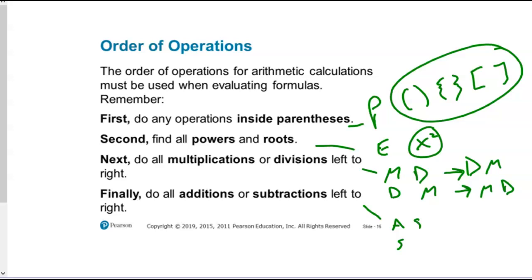Same thing with addition and subtraction. It is whatever comes from the left first. So if you happen to have an addition problem first, then you do that first and then subtraction. Or if you're working from the left and there's a subtraction problem and then an addition problem, then you do that. Always working from the left.